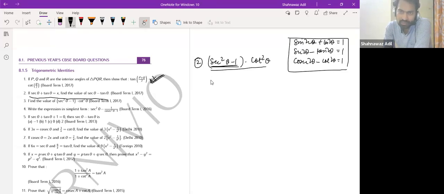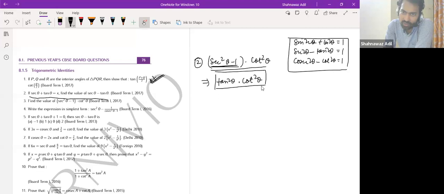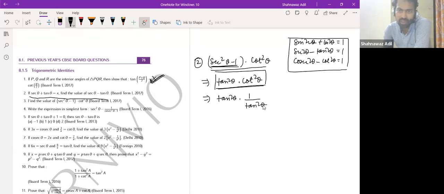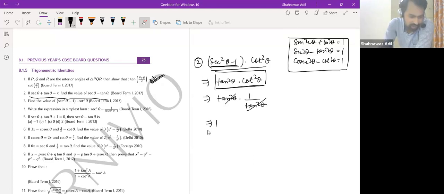Tan square theta. Absolutely right. So this is tan square theta. Now we have tan square theta and cot square theta. What do we know about cot theta? It is the reciprocal of tan. Absolutely right. So we can write it as 1, right?